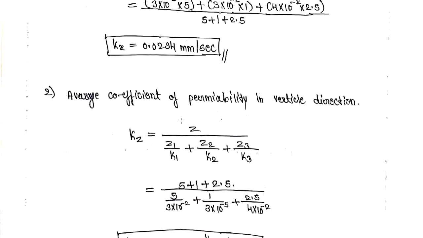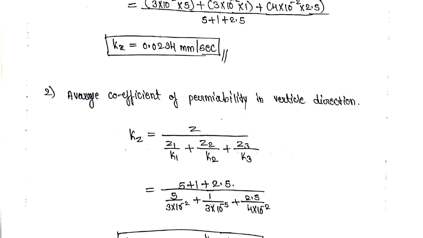So what is Z? Z is the total thickness of all the layers. Z is the sum of all the thicknesses, that is Z1 plus Z2 plus Z3. So I have kept it as the numerator. In the denominator I am going to substitute the values.